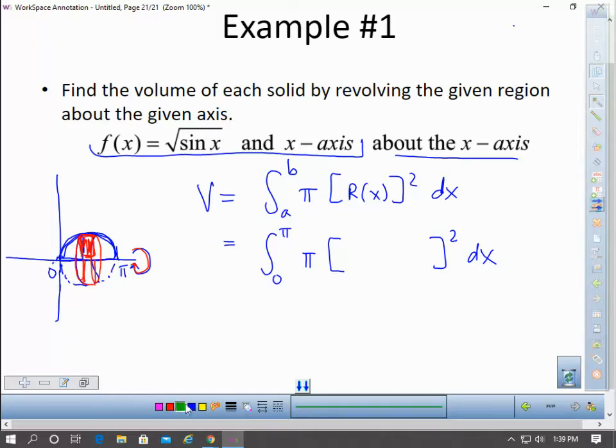So the radius of this disc is always going to be top curve minus bottom curve. In this case, your bottom curve is going to be your axis. It's always going to be either a function minus my axis, or my axis minus the function, because it's just going to be top minus bottom.